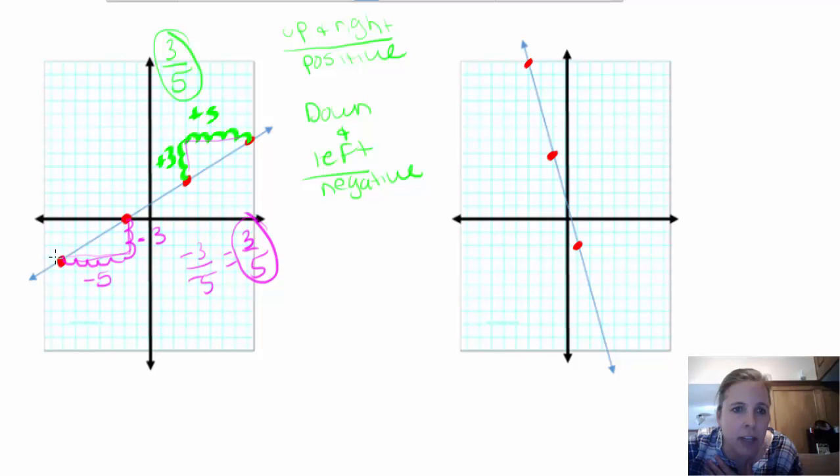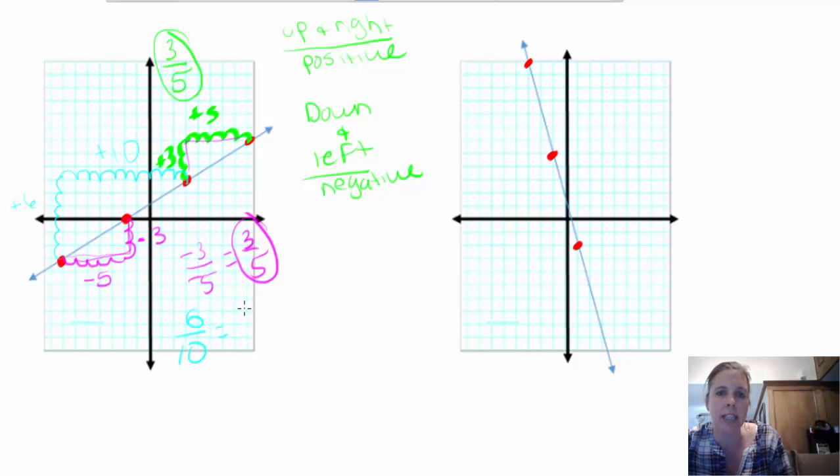So 1, 2, 3, 4, 5, 6, so positive 6, then 1, 2, 3, 4, 5, 6, 7, 8, 9, 10, positive 10. So that's 6 over 10, which reduced down is 3 over 5. If you'd gone the other way, it would have been negative 6 over negative 10.